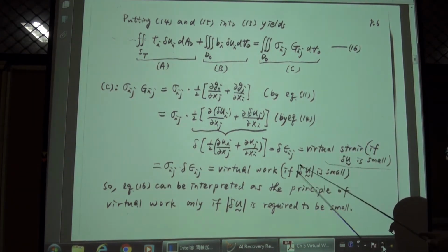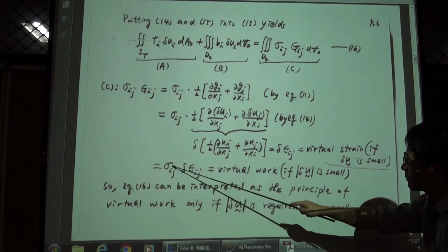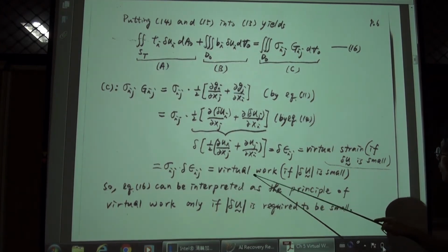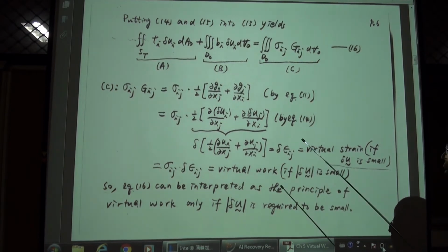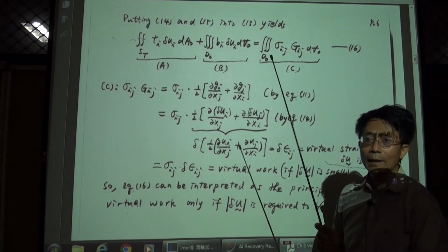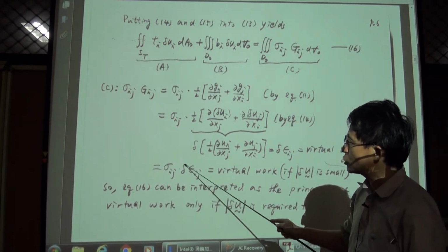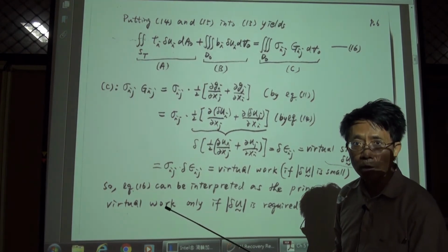So we have an assumption here. This one equals this one, this one, this one, and sigma ij dot delta epsilon ij equals the virtual work if the virtual displacement is small. Understand? Why? Because if this is not the virtual strain, how come this can be interpreted as the virtual work?